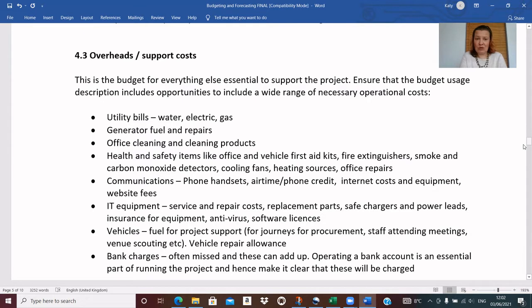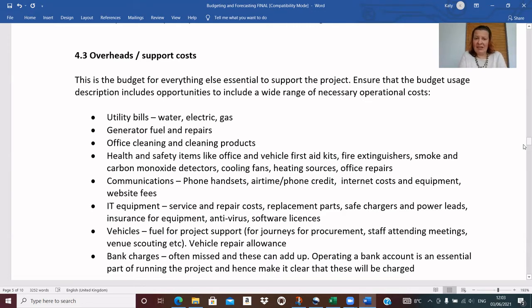Overheads and support costs. This is really the budget for everything else that is essential in supporting the project, kind of mops up some of the costs that we might incur that we haven't budgeted elsewhere. And this list of bullet points is a kind of aide-memoire to what to think about when you're constructing the budget, but also it gives you an idea of the kind of costs that can really eligibly be charged to an overheads budget.